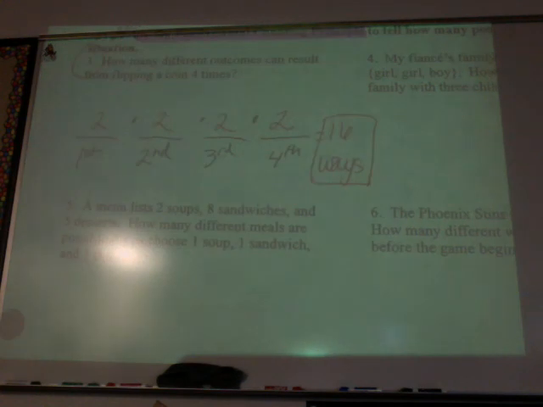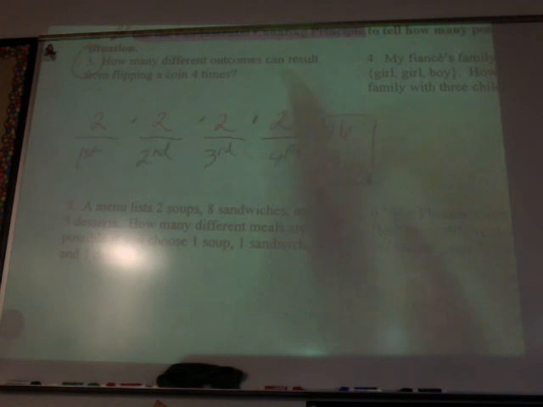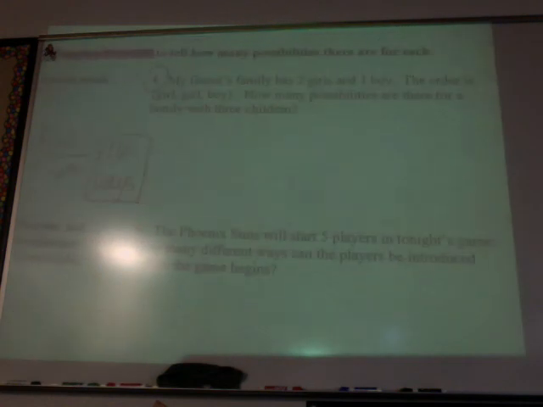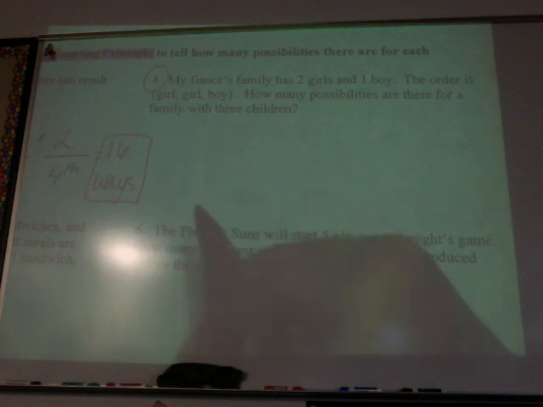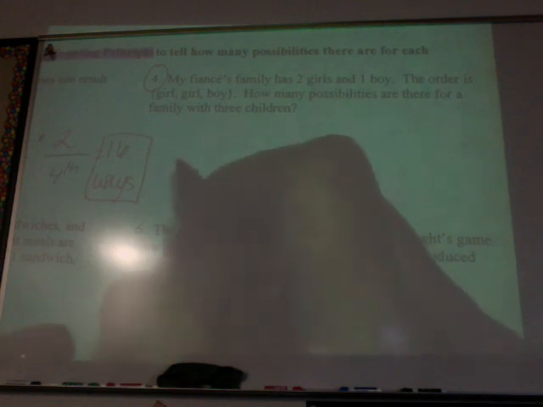But look at number 4. My fiance's family has 2 girls and 1 boy. The order is girl, girl, boy. How many possibilities are there for a family with 3 children? So again, how many events are there? Each birth is an event, assuming that we don't have twins, just single births.